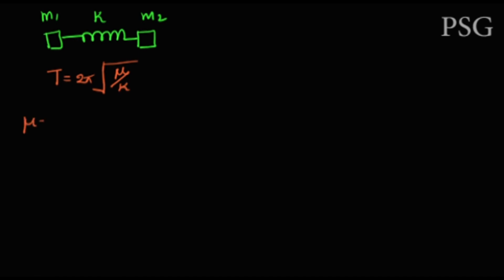Next, if both the ends of a spring are connected to different masses m1 and m2, having a spring constant say k, then its time period T is equal to 2 pi into root of mu divided by k, where mu is the reduced mass of the system, and that is given by mu equal to the product of the masses m1 into m2 over the sum of the masses m1 plus m2.